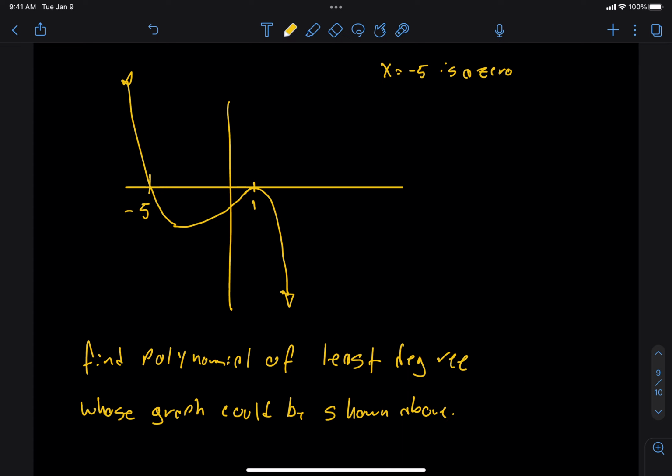So we want to make the multiplicities as small as possible. So we'll say 0 with multiplicity 1. x equals 1 is a 0 with what kind of multiplicity? Even. It should be even, and if we want to make it as small as possible, what's the smallest even number? 2.